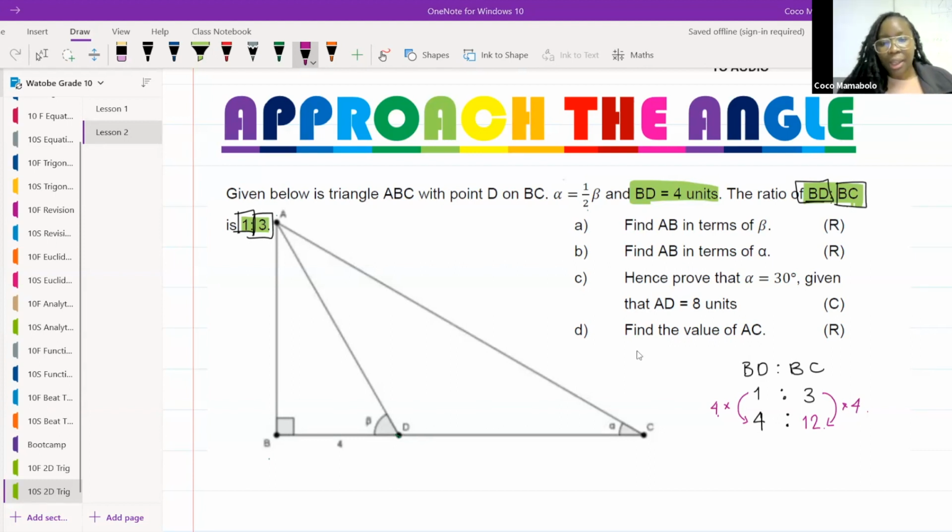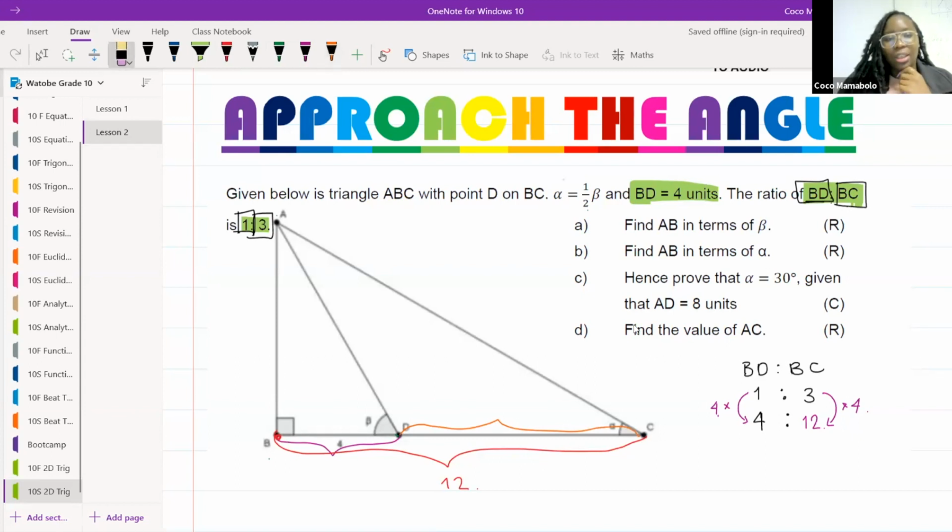So what this tells me, guys, what's happened here? BD is this section over here, which is 4, and from here all the way to there is 12. Now, what does that tell me about the section DC? How much is DC actually?